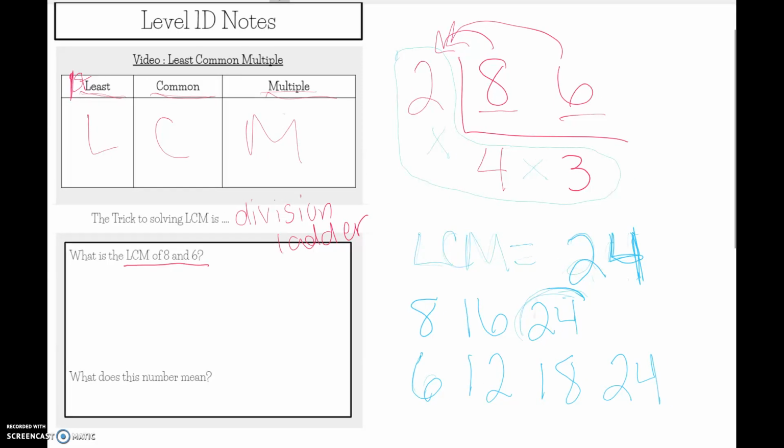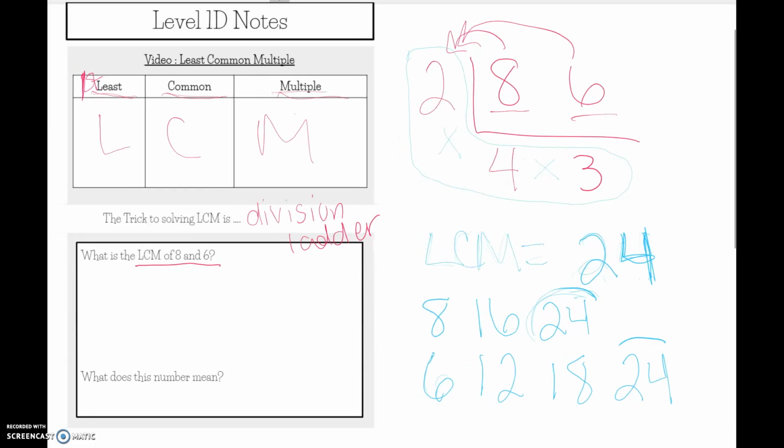So I'm going to circle those. Sorry, a little bit of malfunctions here. There we go. So 24 is that least common multiple, the first one that they come to when multiplying the 8 and 6.